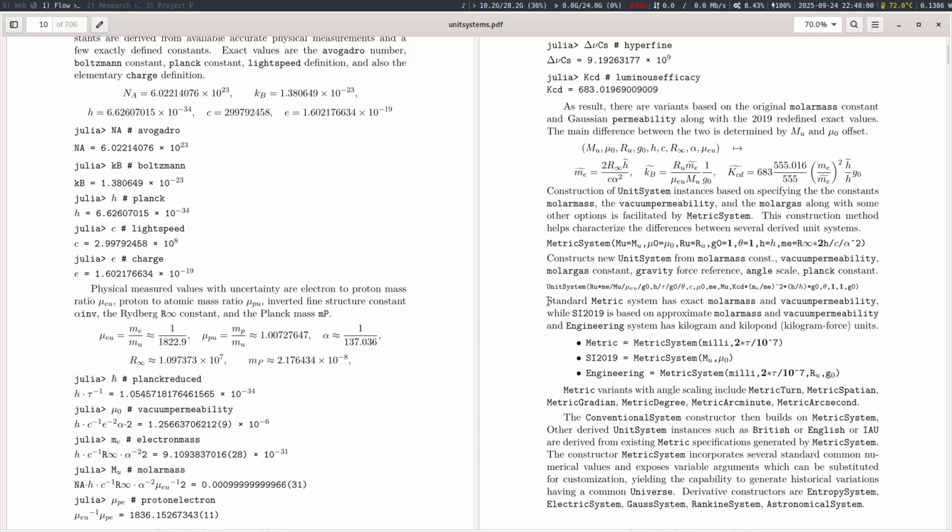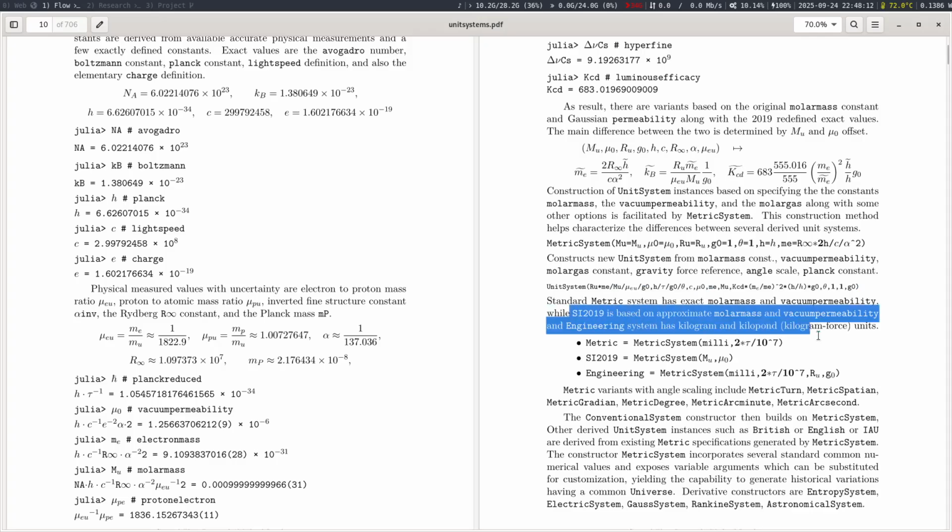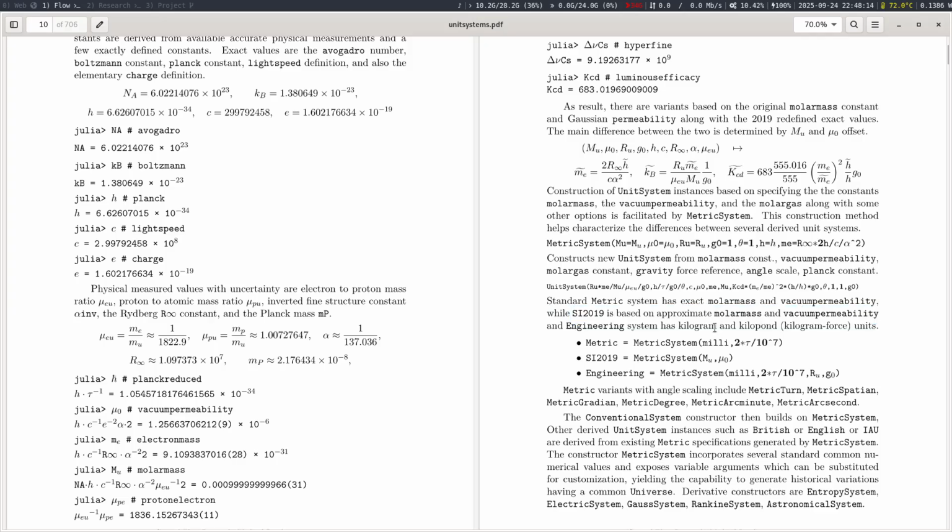One is the metric system and the other is the SI 2019 system. The original metric system had exact molar mass and vacuum permeability, while SI 2019 compromises the exactness of those values by making them approximate, and instead other values become exact. So it's a trade-off.